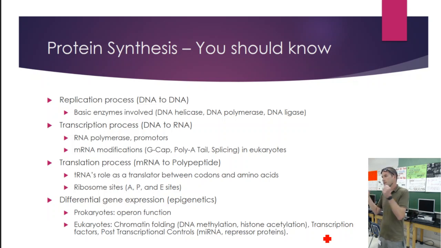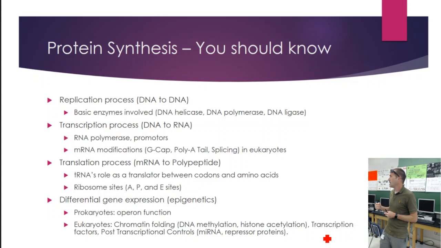The heterochromatin is so tightly bound up, so jumbled up, that there's no open promoters. The RNA polymerase doesn't have access to the promoters because they're all wound up, and so that's why that stuff doesn't ever get transcribed. And if it doesn't get transcribed, then it doesn't get made into a protein, and therefore it's not expressed, right? So those promoters are important to know, what they are, that those signify the beginning of the gene, and that's where the RNA polymerase attaches.